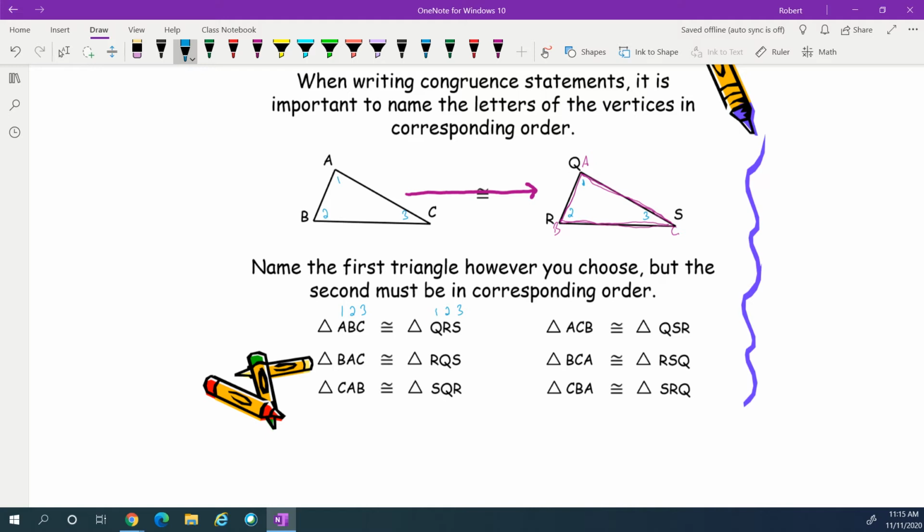So QRS. But what if I name the first triangle BAC? So look at my triangle, BAC, that's 2, 1, 3. Well, I have to match that from the second triangle. Vertex 2 is at R.